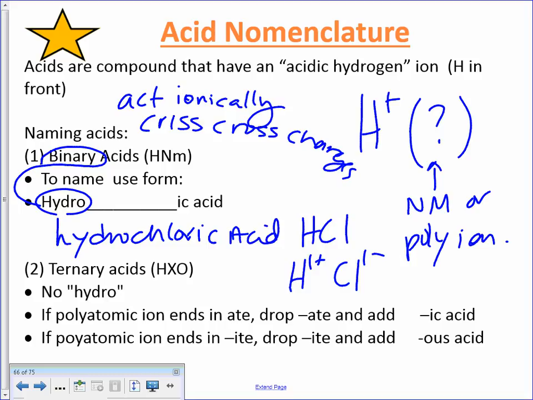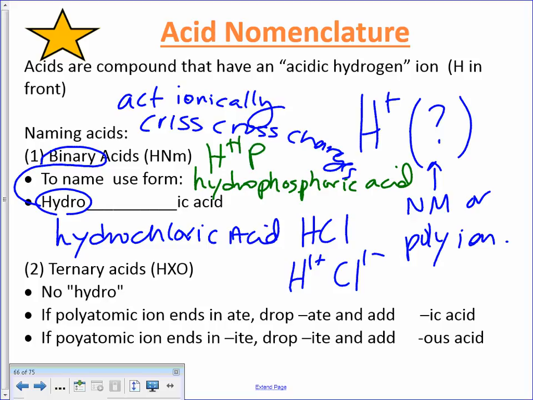What if I said instead hydrophosphoric acid? So let me write that up here. Hydrophosphoric acid. What nonmetal is it describing? Phosphorus, right? So hydrophosphoric acid has an H plus in the front. What's the back? What's the anion? P what?